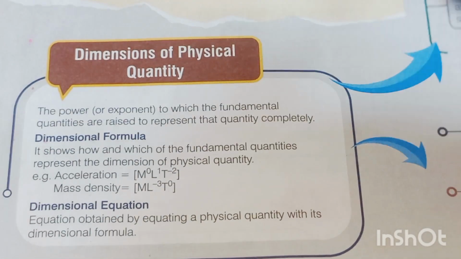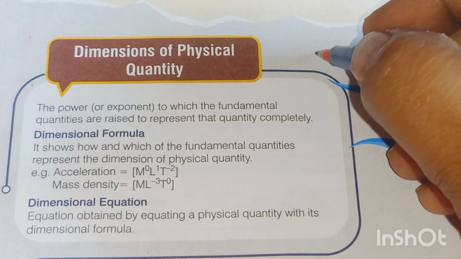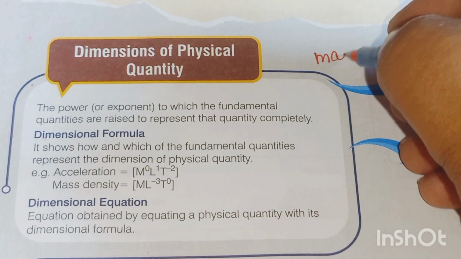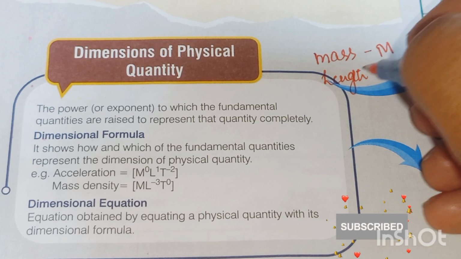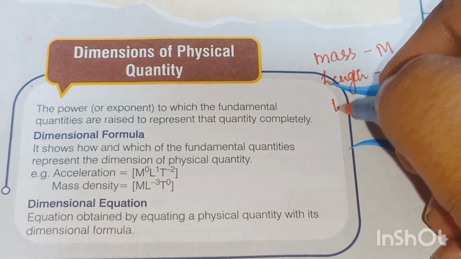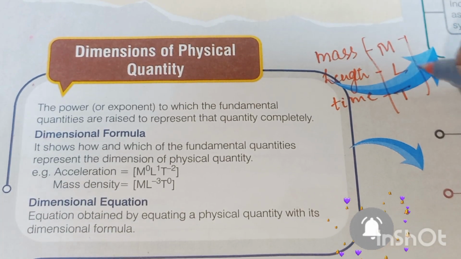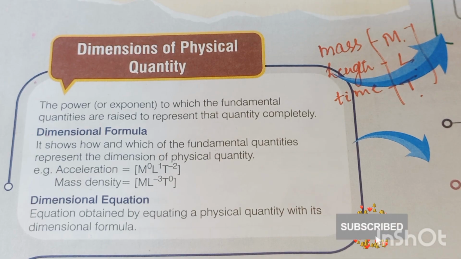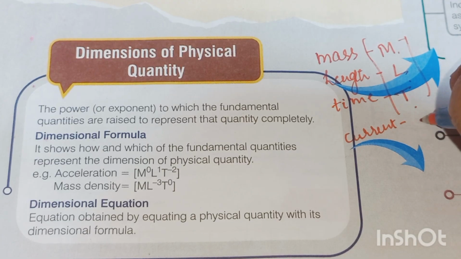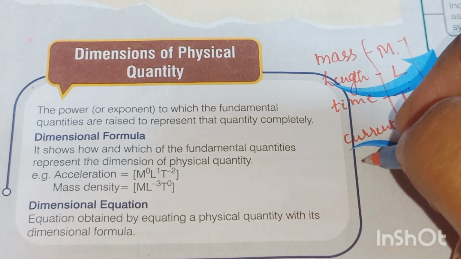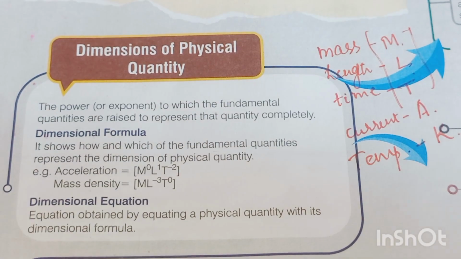For mass we will take capital M, length as L, time as capital T. These are known as the dimensions, M L T. Then electric current is A, and temperature, Kelvin, capital K, and so on.